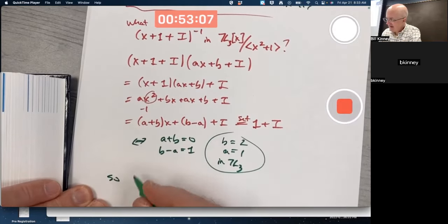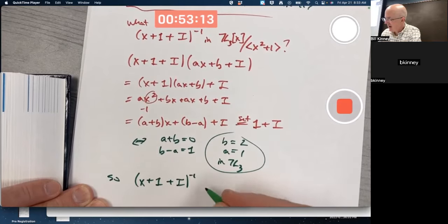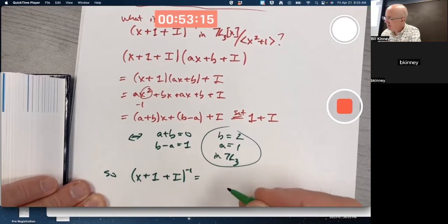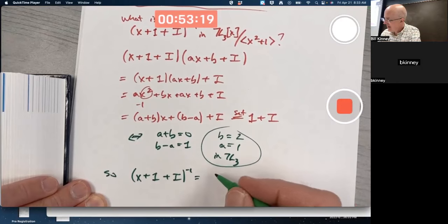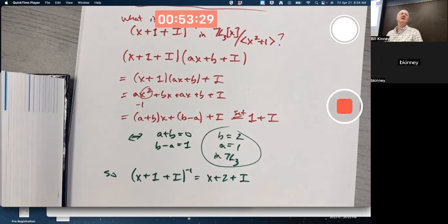So evidently, you might wonder if that's the unique solution, and it would have to be, but I won't prove it. Evidently, the multiplicative inverse of x plus 1 plus I is A is 1, B is 2. x plus 2 plus I. Unexpected, but that's what it is, it seems.